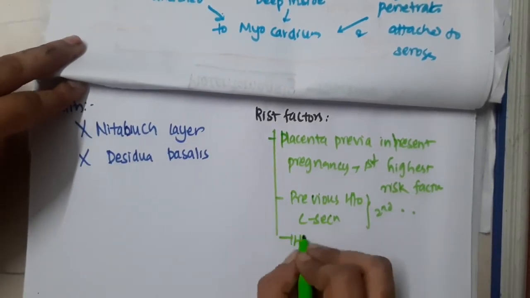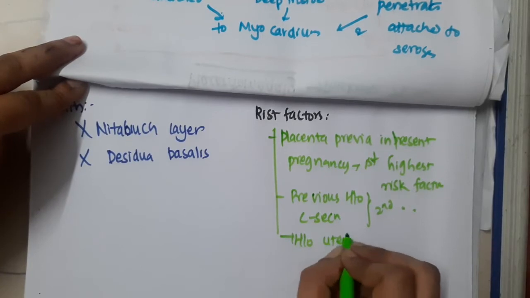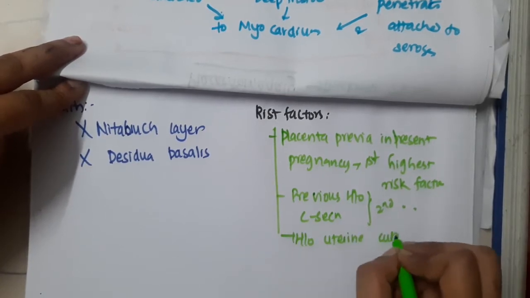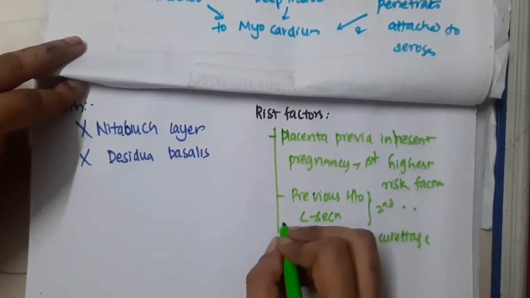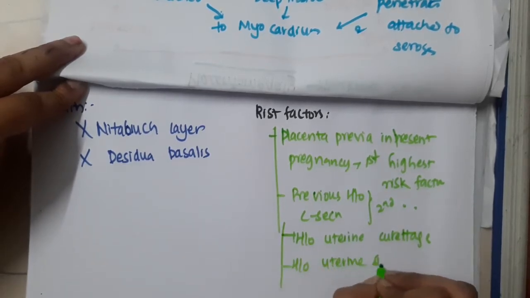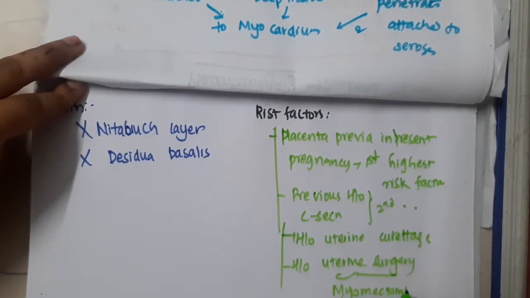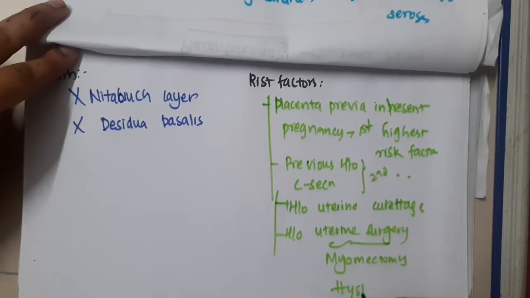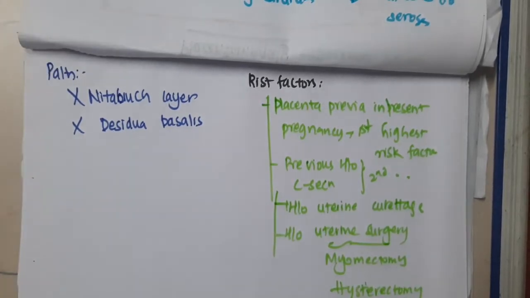Then if the patient has history of uterine curettage, or any history of uterine surgeries like myomectomy, or history of any hysterectomy. So all these are the risk factors of morbidly adherent placenta.